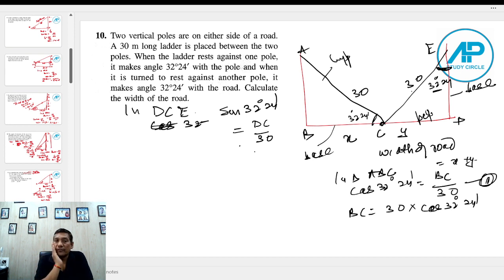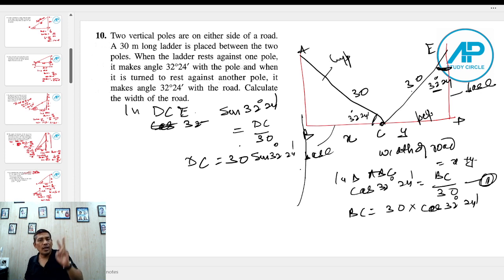Find the value of DC from here. DC would be basically 30 into sine 32 degree 24 minutes, and you have to add the value of BC and CD to get the total value of the height, the length, the width of the road in this kind of question.